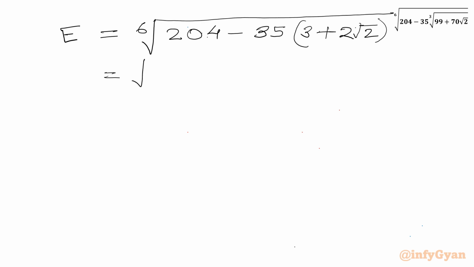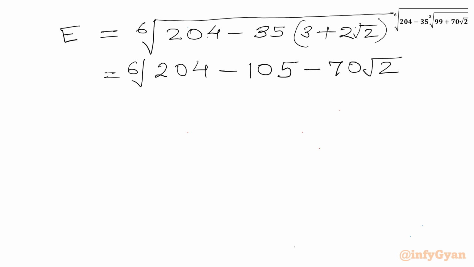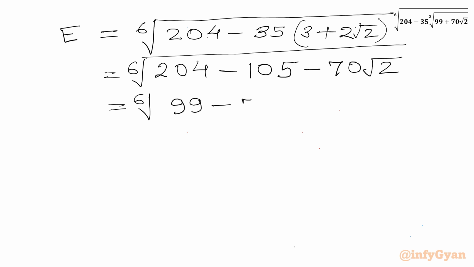I can write 6th root of 204 minus 35 times 3, 105, minus 70 square root 2. Or I can write 6th root of 204 minus 105. So it will become 99 minus 70 root 2.